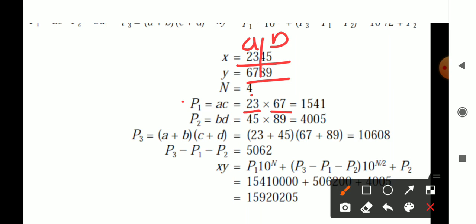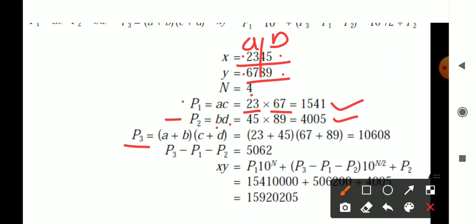Then we are going to use it in our multiplication. P1 is equal to AC, that is 23 multiplied by 67, and we get the value here. Now P2 is nothing but BD, that is 45 multiplied by 89, and we get the value here.